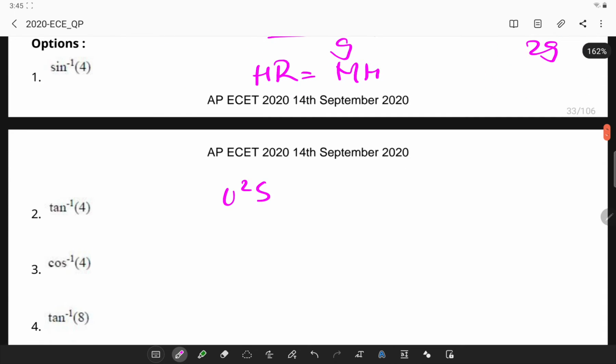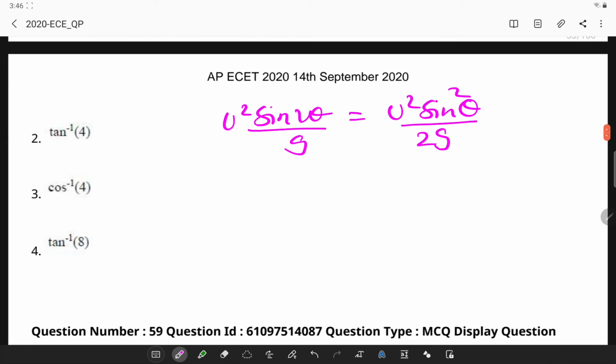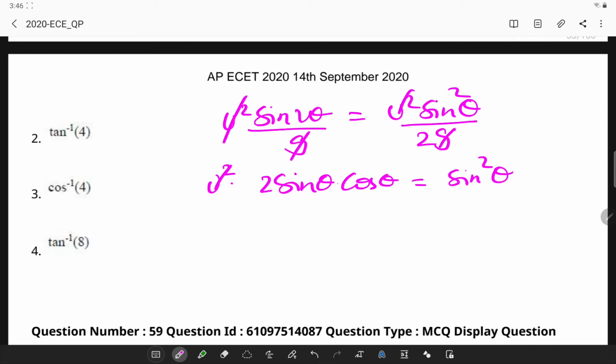So I can simply write u square sine 2 theta by g is equal to u square sine square theta by 2g. So u square gets cancelled and g gets cancelled. So sine 2 theta, which is 2 sine theta into cos theta, is equal to sine square theta.